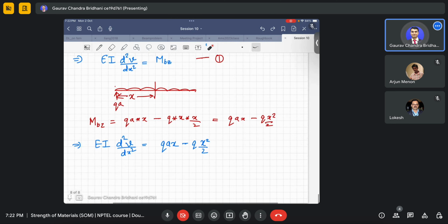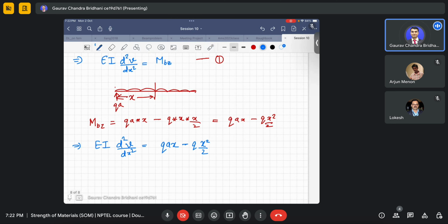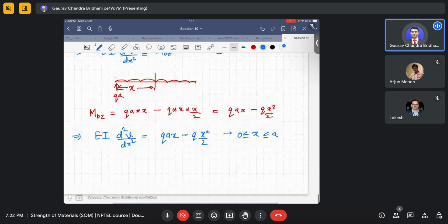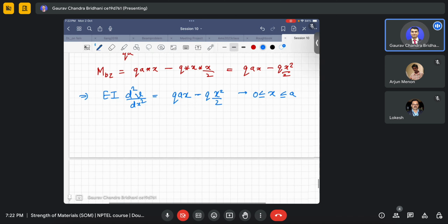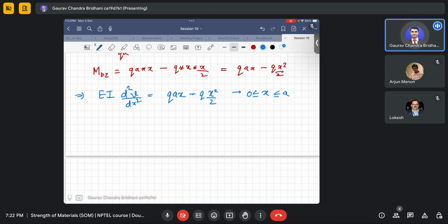I am writing this for x greater than 0 and less than or equal to a. After a I will see how we develop. Till a I am writing right now, because till there only we have moment, after that it is 0 moment. So now let's do the integration.